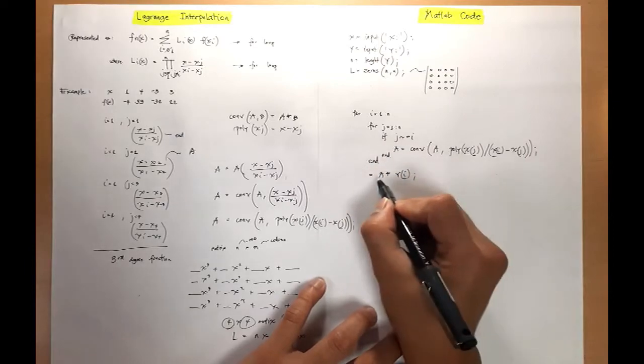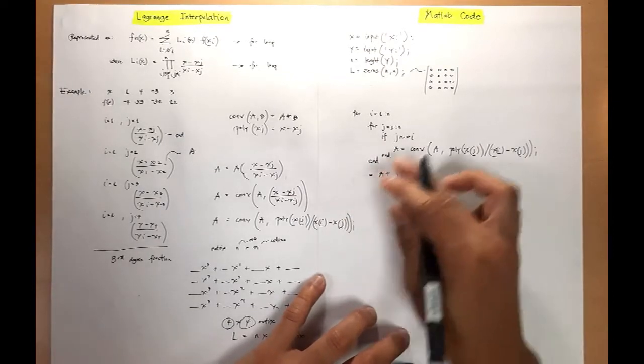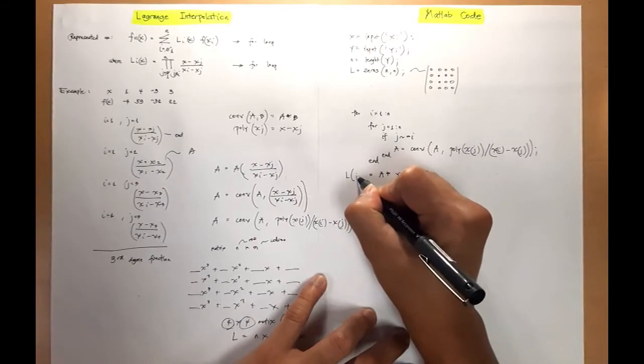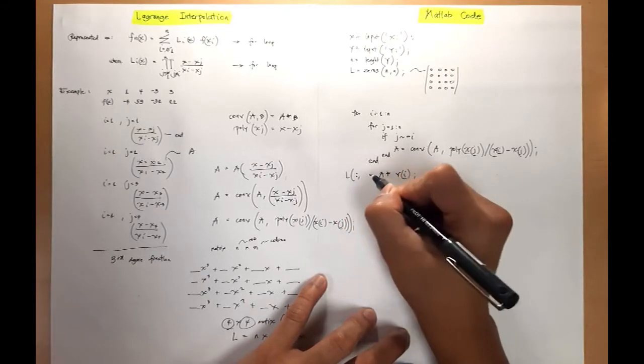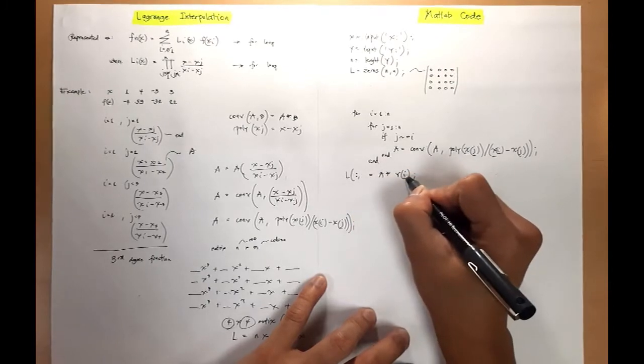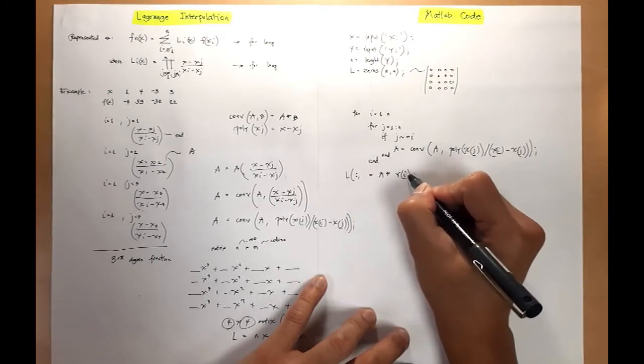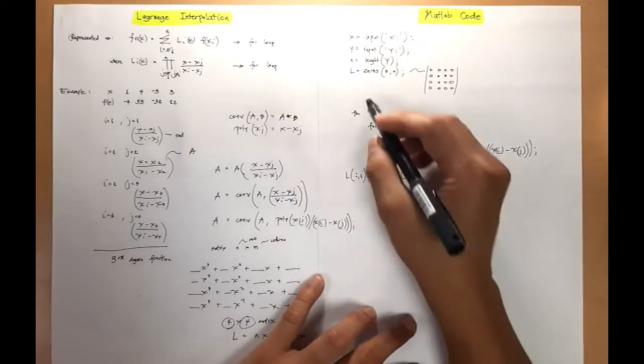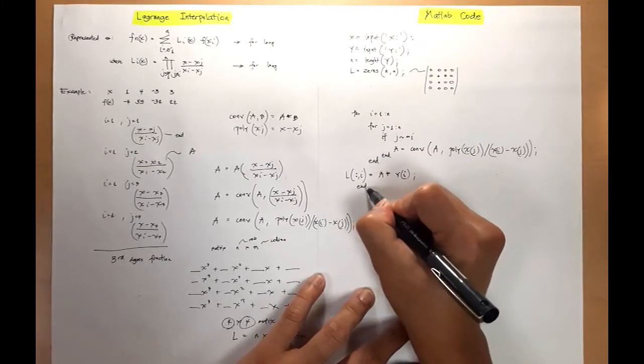And then we'll save this first function in the first column. So to save that, we will have a colon, comma, and since this is for the first iteration or the ith iteration, we'll use I. Then we put end function.